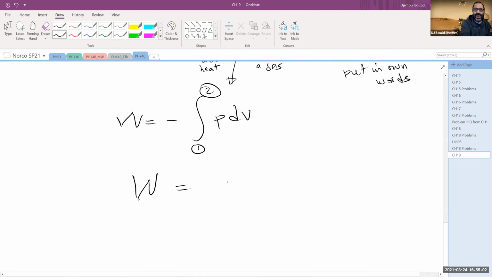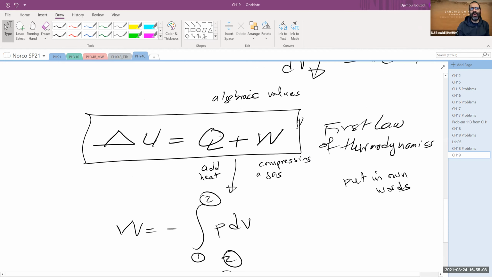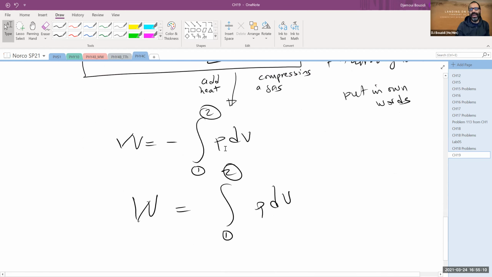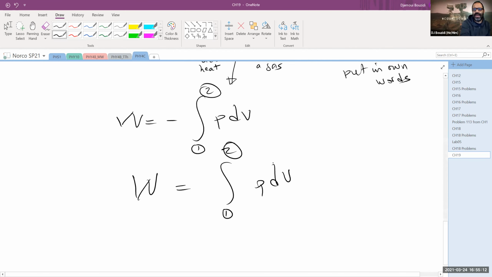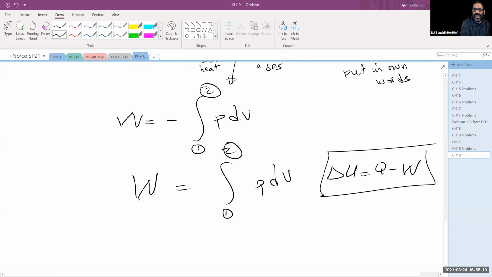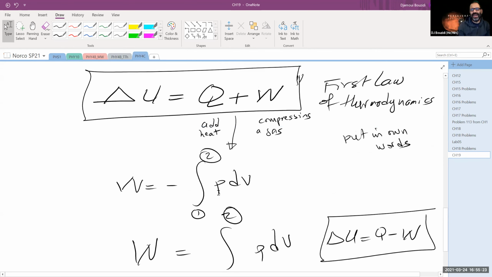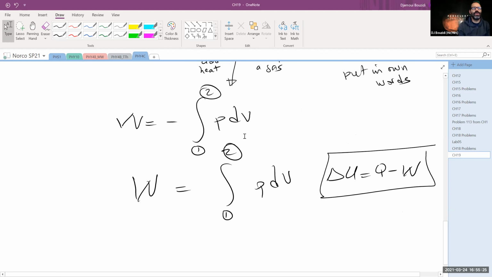This is how the book defines work, by the way, from 1 to 2, PdV, and the expression will not change, it will be the same. If we do it this way or the other way, the book then gets into the first law as delta U equals Q minus W. If I plug in the value the way the book has defined it, or the way it is defined everywhere else, it is going to result in the same result.